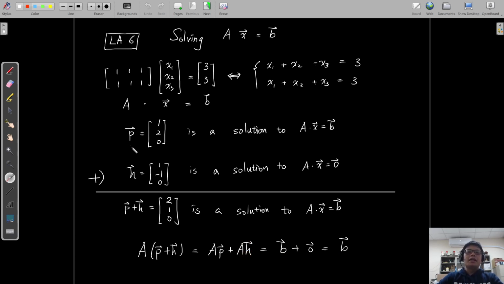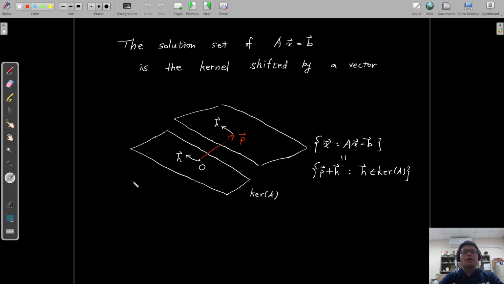So it turns out that whenever you have one solution p and you have a lot of kernel vectors, you just pick any vector h in the kernel, and p + h is still a solution. So the takeaway of this video is that the solution set of Ax = b is basically the same as the kernel, but you shift this kernel by a vector p. And here is the picture. This set is the kernel.